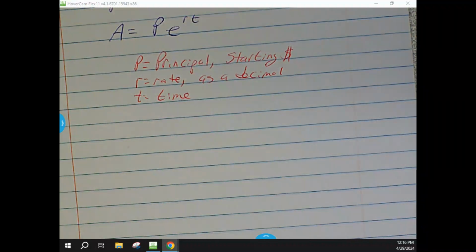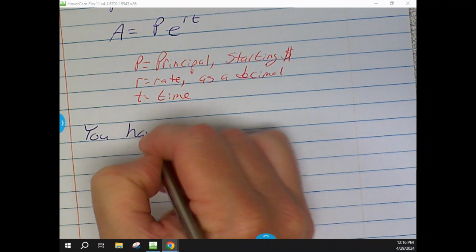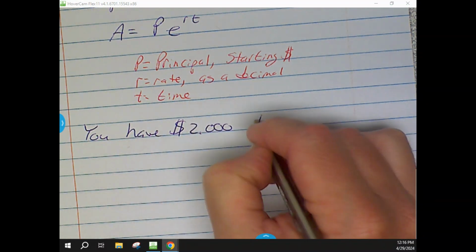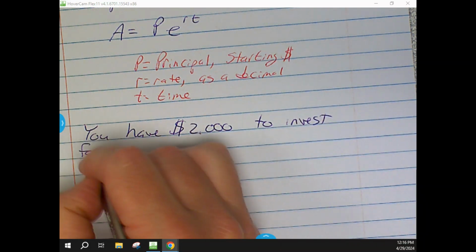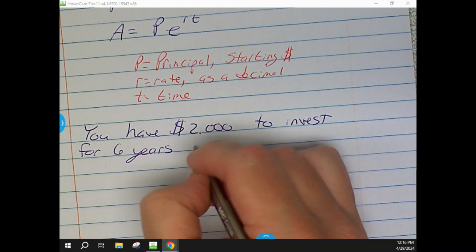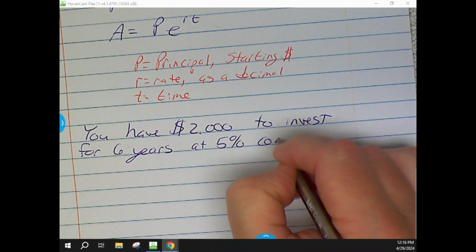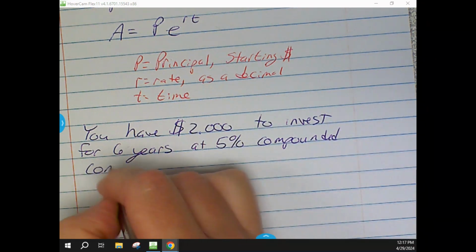Okay, so here's what it's going to tell you. Go for a smaller amount this time. Let's say you have $2,000 to invest for 6 years at 5% compounded continuously.